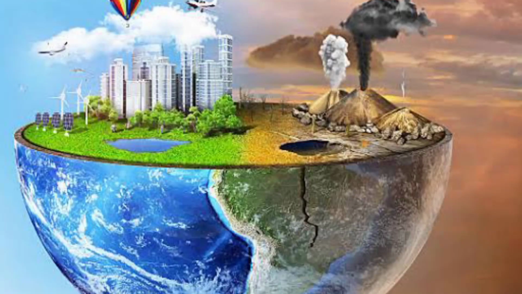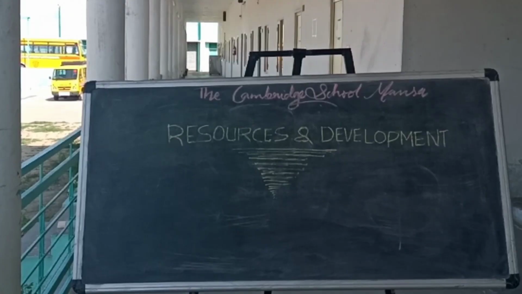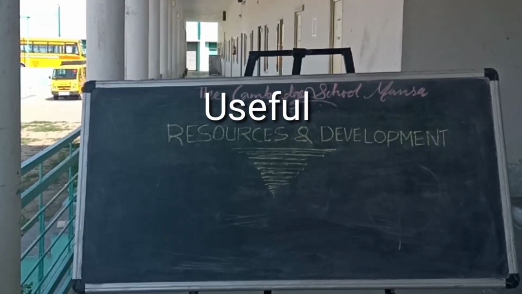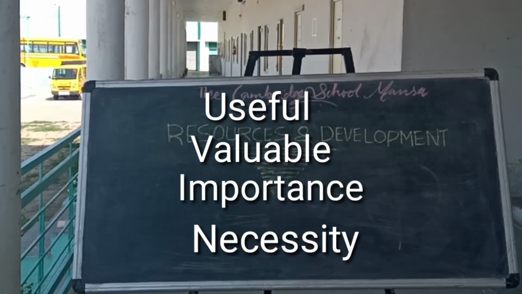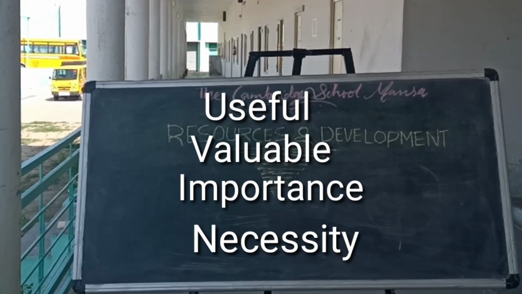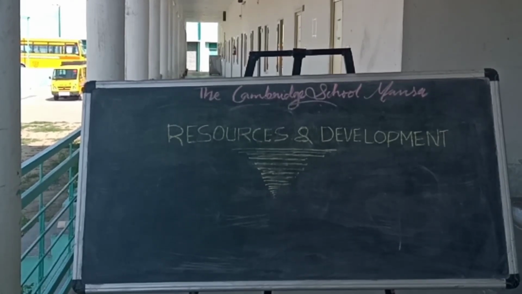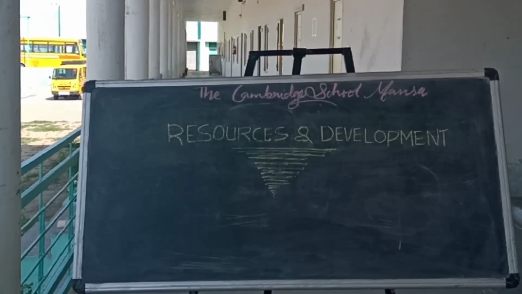Resources are the things available in the environment which are useful, valuable, important and necessary for humanity. We can call them resources. When a thing is useful, we call it a resource.